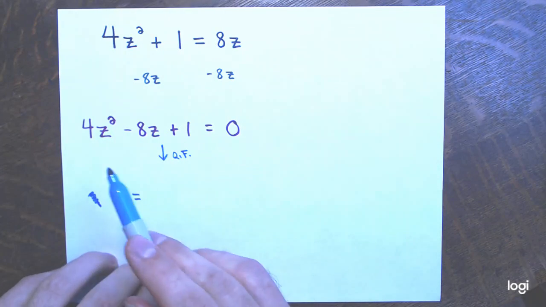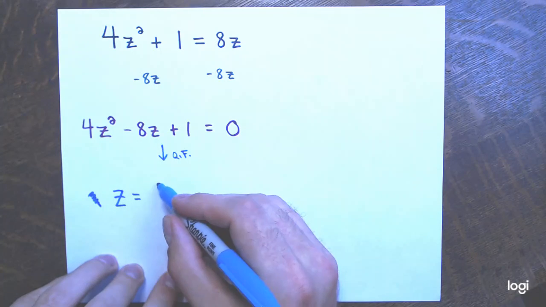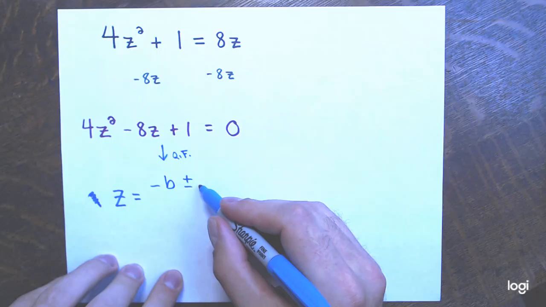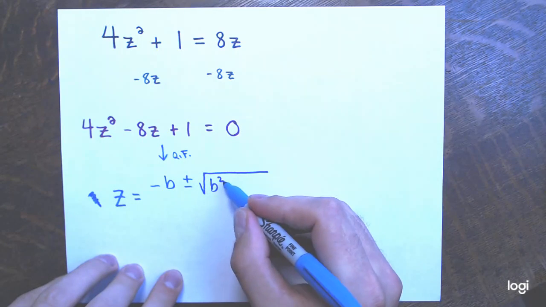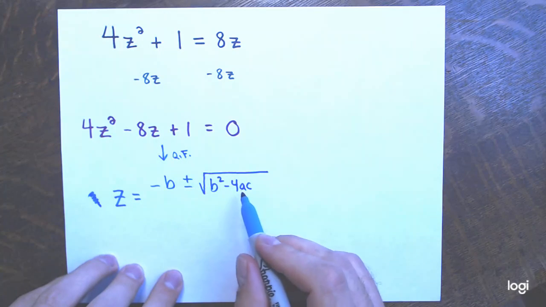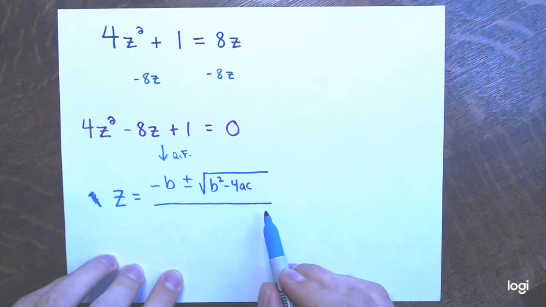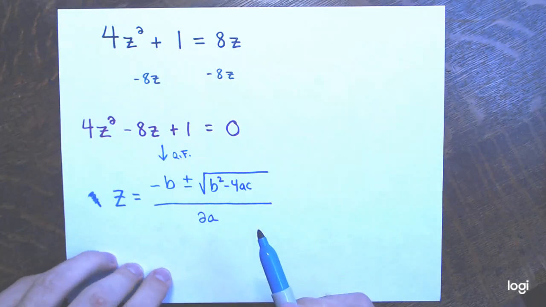So the solutions to this equation will look like the following. Z equals the opposite of b, plus or minus the square root of b squared minus 4 times a times c, all inside the square root, and everything I wrote is in the numerator, and the denominator 2 times a.